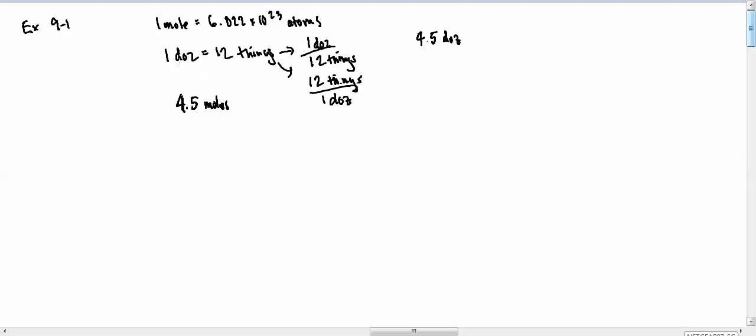You can do that by taking this equals sign right here and dividing both sides by 1 dozen. In that case, you would have on the left side 1, and then you have 12 things over 1 dozen. Or you could divide both sides by 12 things, and you would end up getting the top fraction.